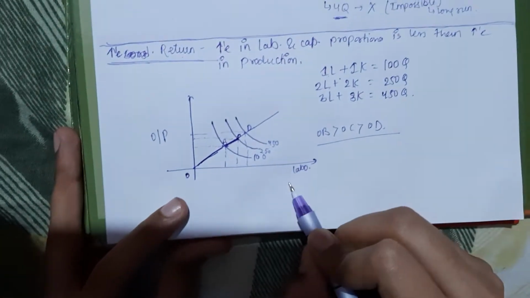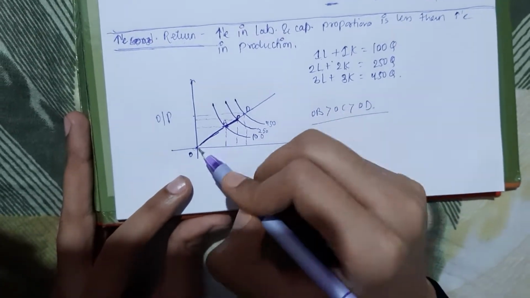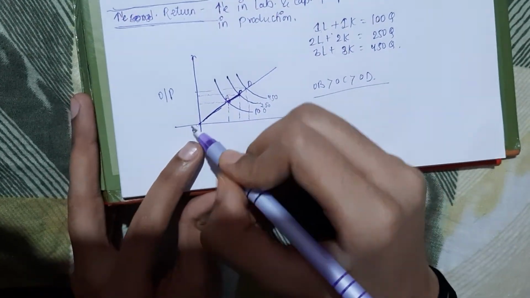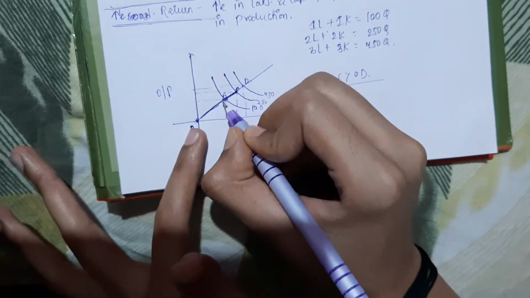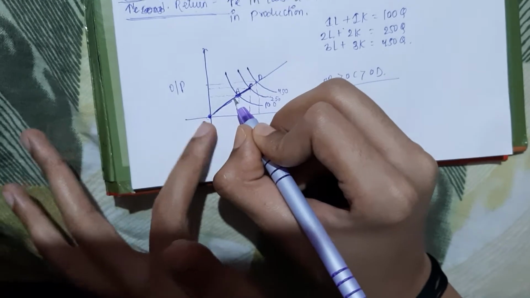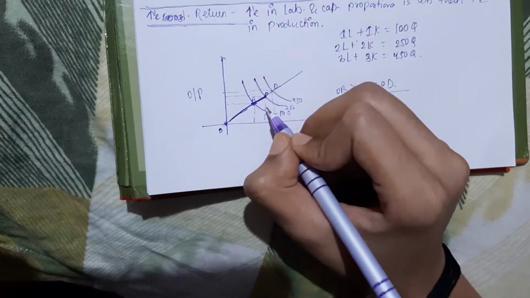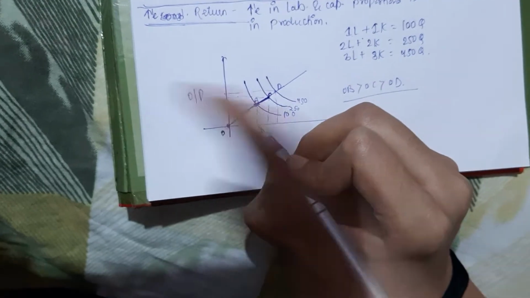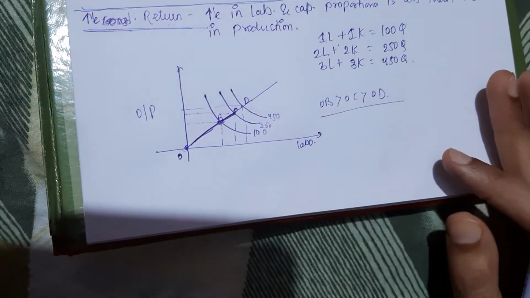As we can see in the graph of output versus labor, I mark the points O, B, C, D as an example. We can see that from the initial O to B, labor and capital increase as well as production increase, but from B to C, labor and capital also increase, but not more than production, as we can clearly state by this graph.